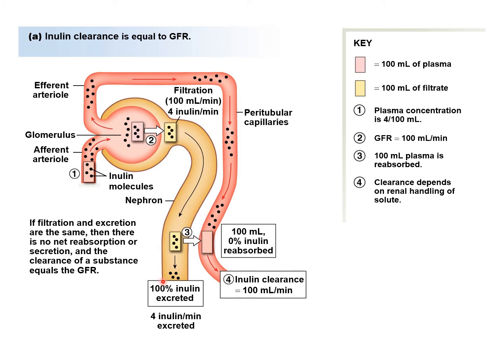So whatever is filtered, we see in the excretion. And so we know how much inulin we give them, we know how fast it's going to be filtered, and we can compare that to healthy people and determine GFR. So if filtration and excretion are the same, there must be no net reabsorption or secretion. Or the corollary of that, if you know there's no reabsorption and secretion, then filtration and excretion are the same.